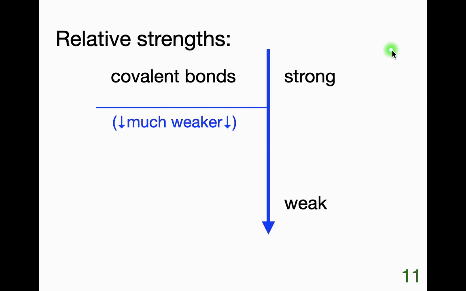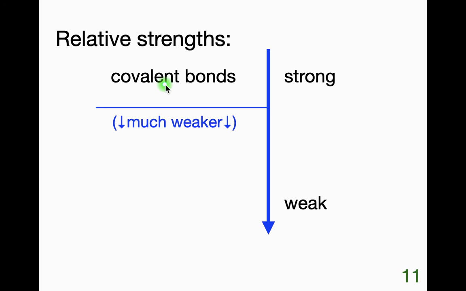Okay, looking at relative strength. Covalent bonds are in a category all of their own. Covalent bonds are much, much, much stronger. And I say that over and over again because one of the most troubling answers on a test is when students rank hydrogen bonds, dispersion forces, or dipole-dipole forces as being stronger than covalent bonds.